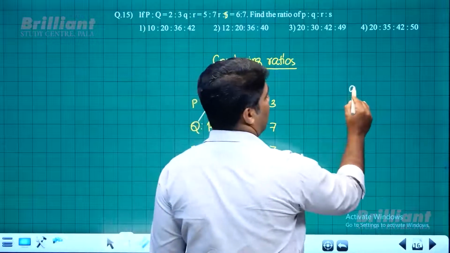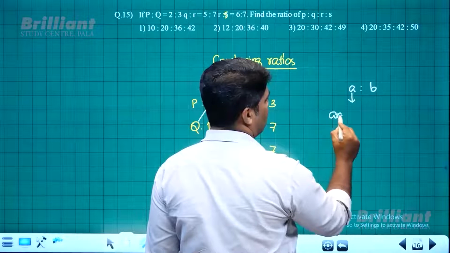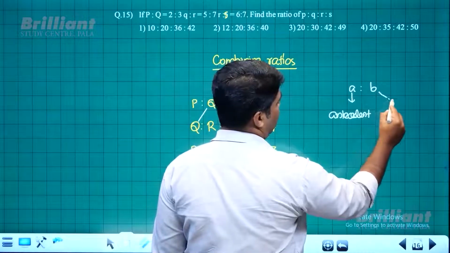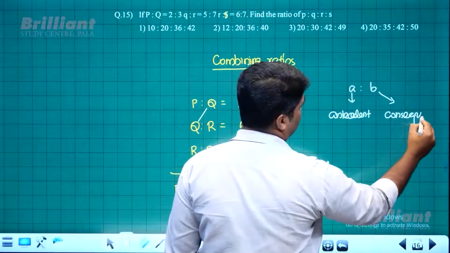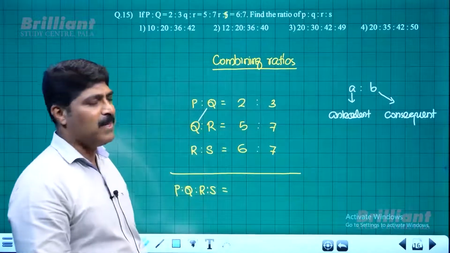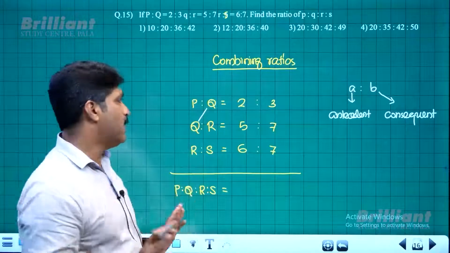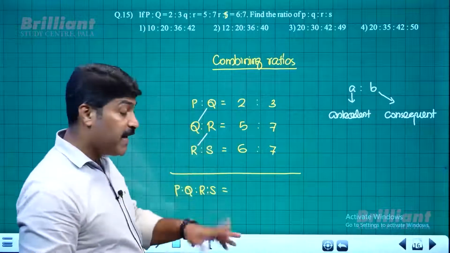Suppose here A is to B. Here this A is called the antecedent, and this B is called the consequent. That's not an important thing, only of mathematical interest. We have to consider such terminologies, understand that. Here we have to make sure these variables are the same, then only we can combine them.